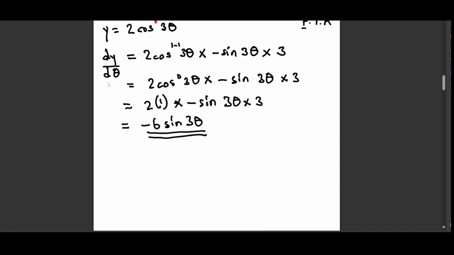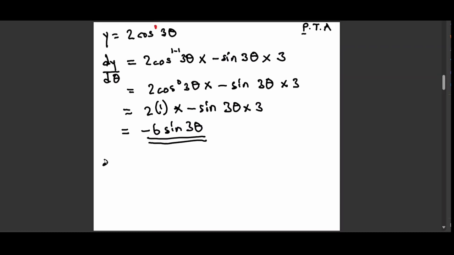This is dy d theta. Knowing that x is equal to sine 3 theta, dx d theta will be equal to, we are supposed to follow the PTA strategy.